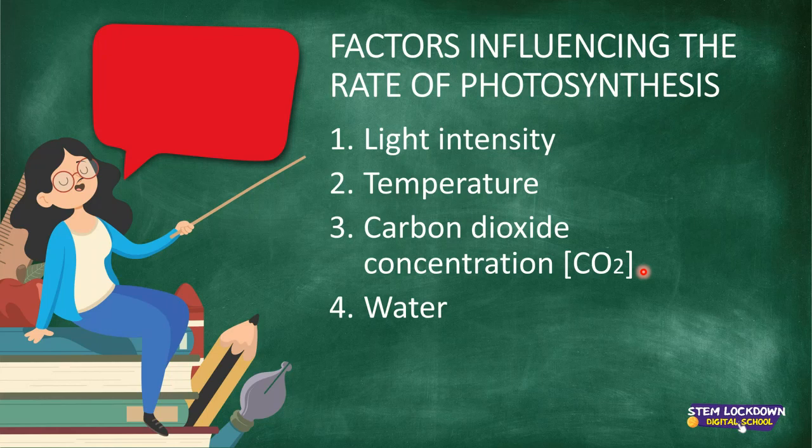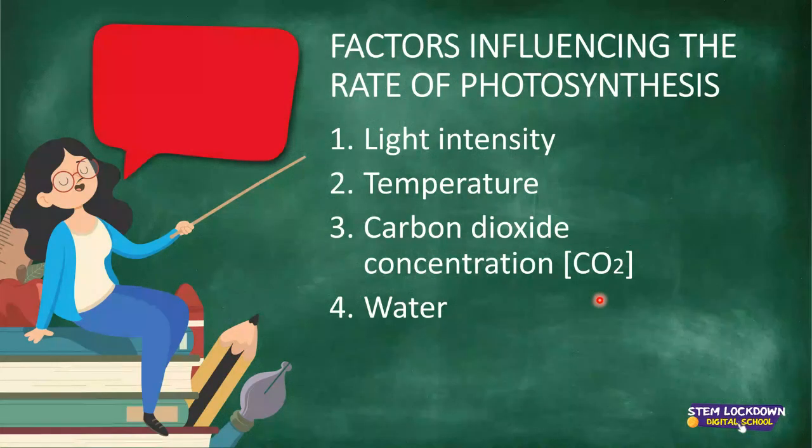If you want to indicate concentration of water, you would put H2O between square brackets. Don't get confused about these square brackets if you find them in your tests or textbooks. So again, the factors are light intensity, temperature, carbon dioxide concentration, and water.